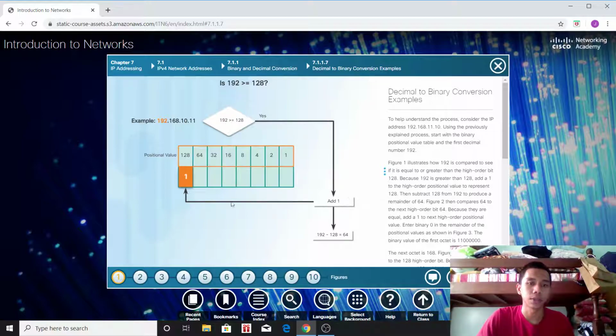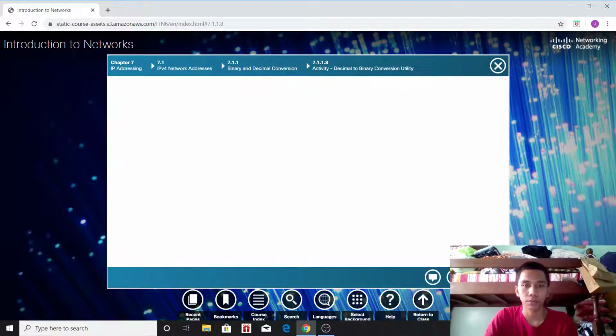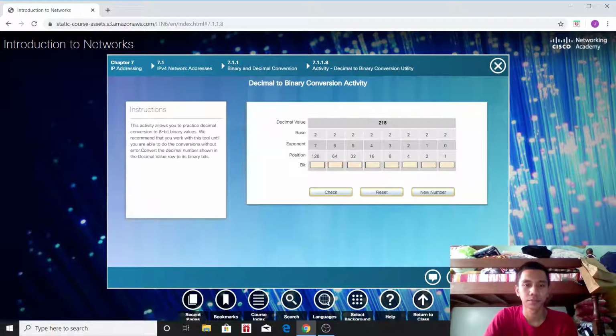Yes, so add 1. 192 minus 128 equals 64. Then 64 is greater than or equal to 64, and add 1 again. So that's it. Then there is the activity here.